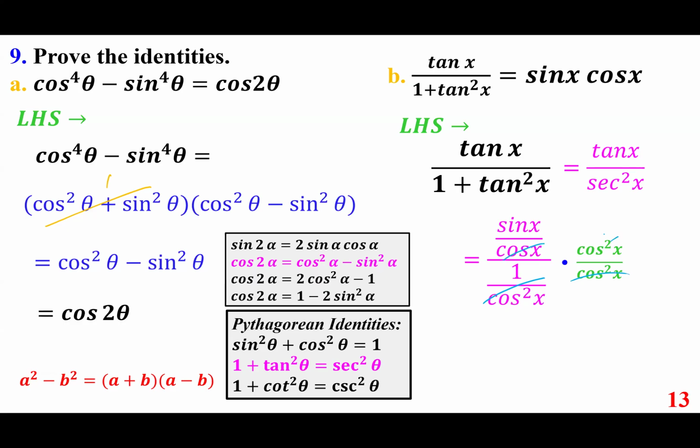And this one cancels out the exponent. Sine x cosine x is the final answer, and it's the right-hand side. So that's pretty straightforward, everybody.